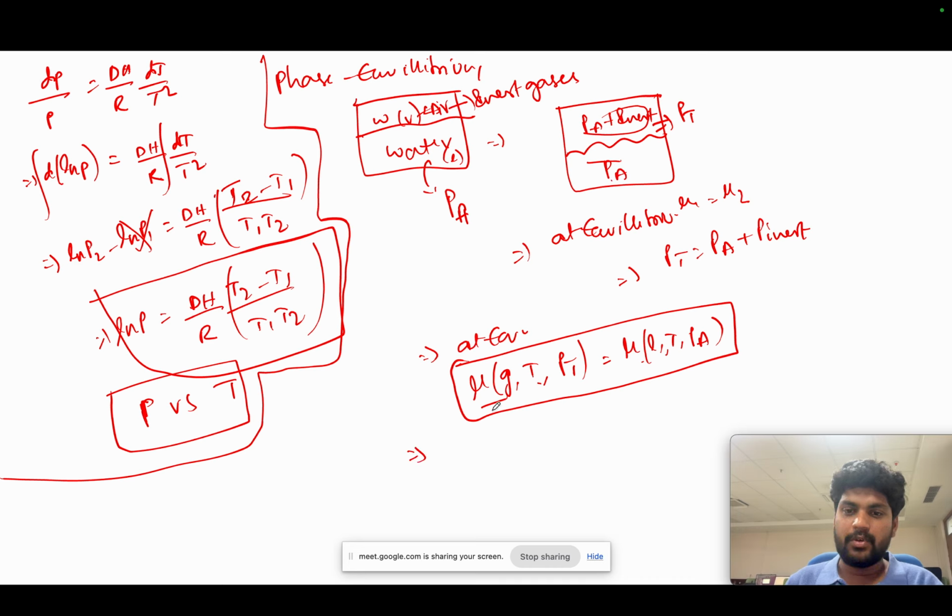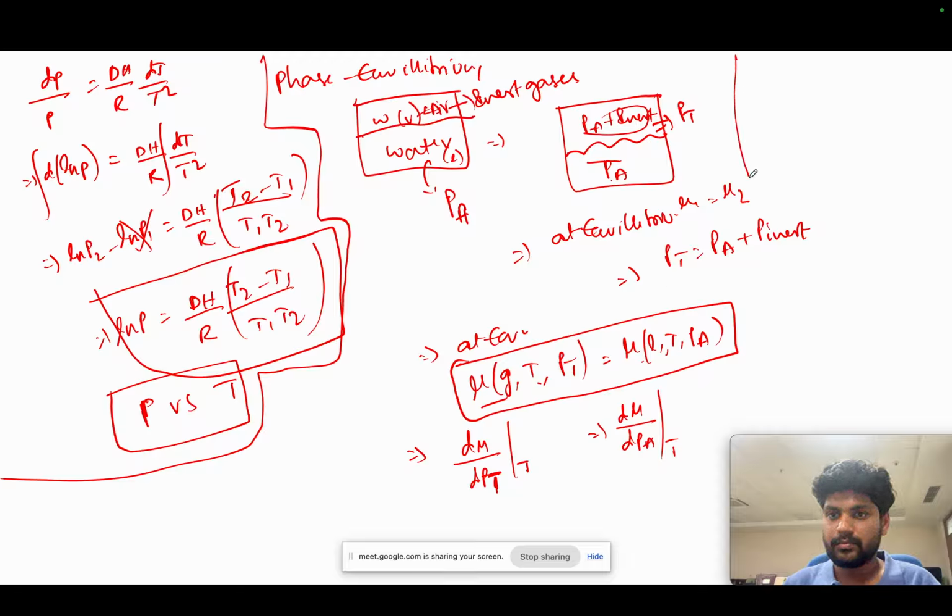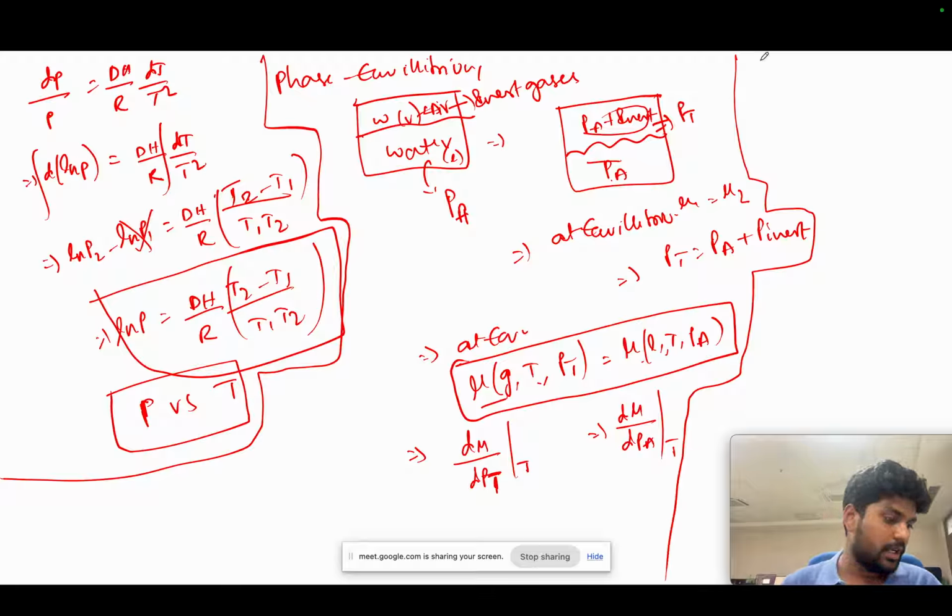Say suppose we will do the d mu by dPT. Here I will do this, and here also with respect to the temperature constant, here also I am doing dPA at the constant temperature. But here, for the clear understanding, I will apply the chain rule.